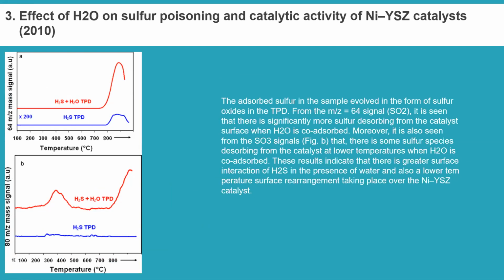Moreover, it is also seen from the sulfur dioxide signal that there is some sulfur species desorbing from the catalyst at lower temperature when water is co-adsorbed. This result indicates that there is greater surface interaction of hydrogen sulfide in the presence of water, and also a lower temperature surface realignment taking place over the nickel oxide catalyst.